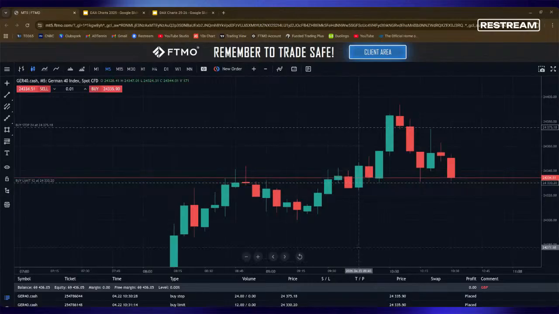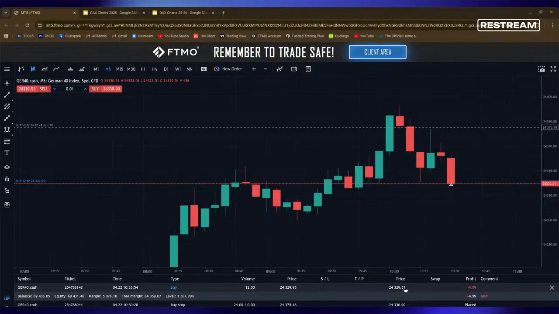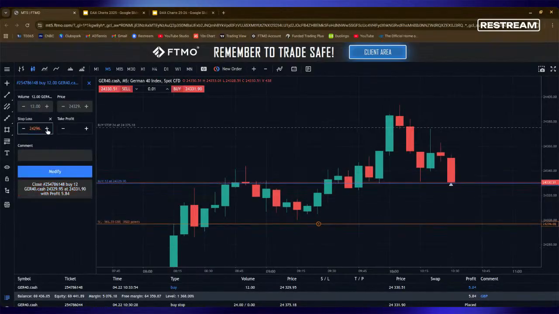So the market's hovering near my order. Now my buy order is just half size. I've got a 50% stake size here.